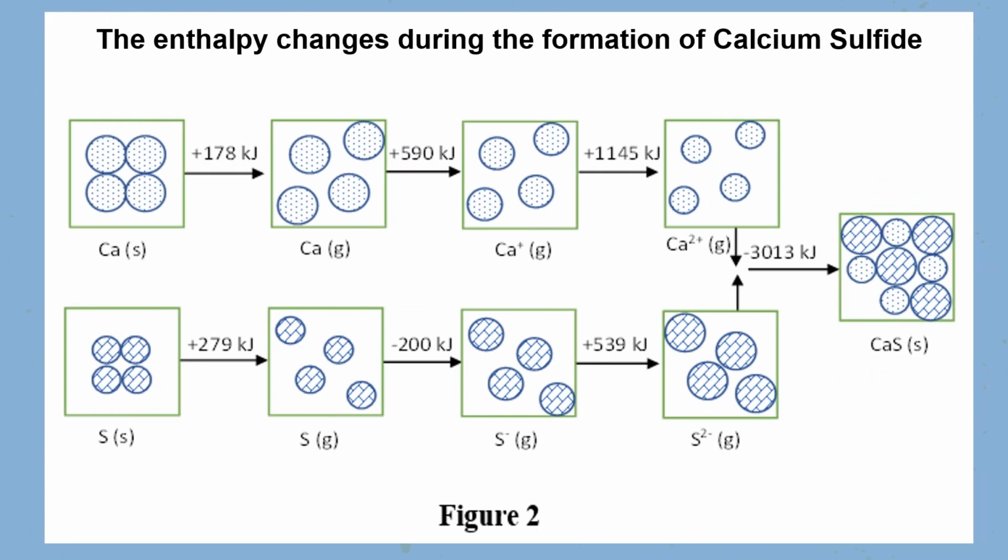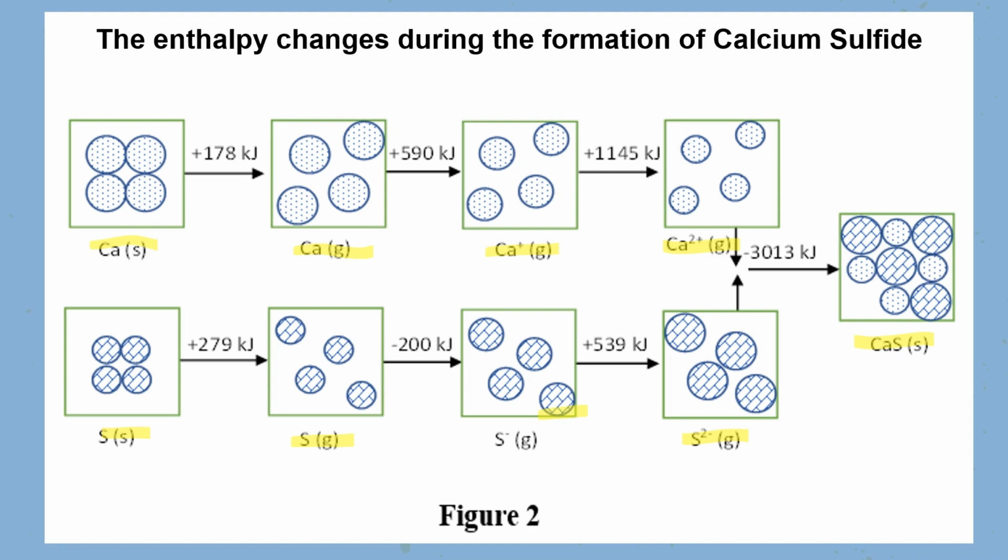So if you look back at the diagram, it changed from Ca solid, Ca gas, Ca+, then Ca2+, sulfur solid, sulfur gas, S-, and S2- gas. And then it combines this Ca2+ and S2-, then they produce CaS.